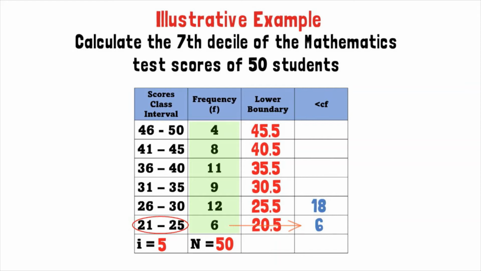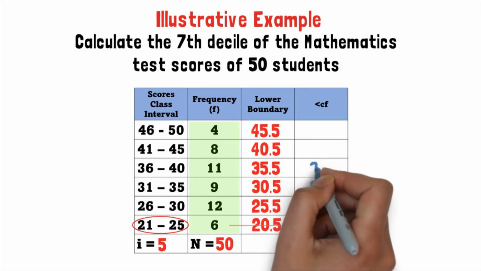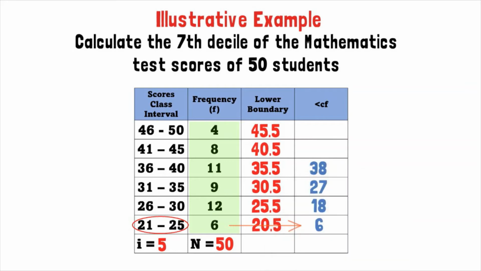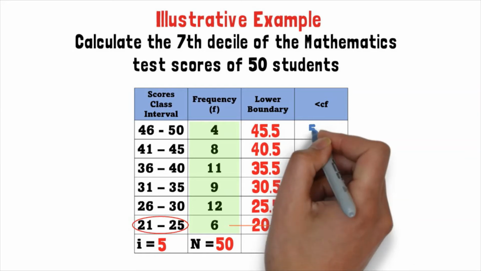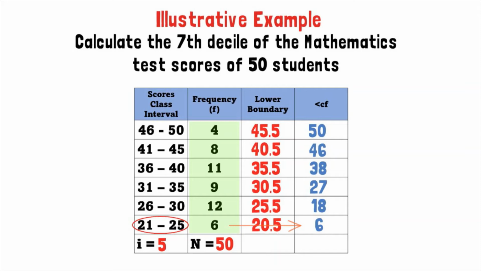Following the same procedure, 18 plus 9 is equal to 27. 27 plus 11 is equal to 38. 38 plus 8 is equal to 46, and 46 plus 4 is equal to 50. Take note that the less than cumulative frequency of the highest class must be equal to the value of our n, which is equal to 50.